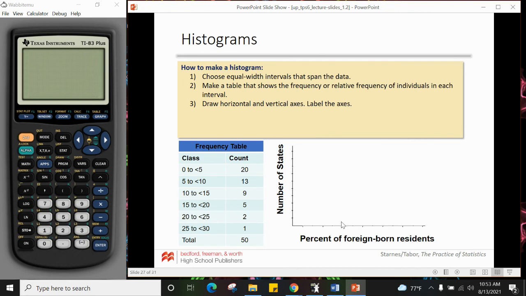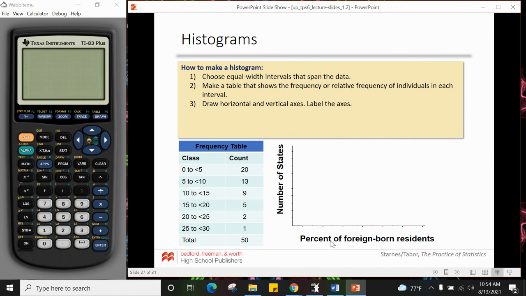Draw your horizontal and vertical axes and label them. This is where it's important. If you choose frequencies, then it's the number of states. If you choose percentage, then this would have to be percentages. Histograms can be either one, but you want to make sure that you are labeling it correctly, and labeling the x-axis as well, which is whatever variable you're looking at.